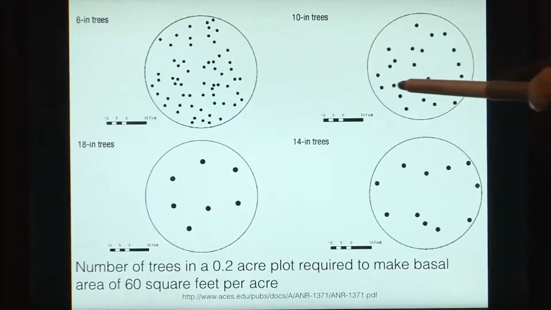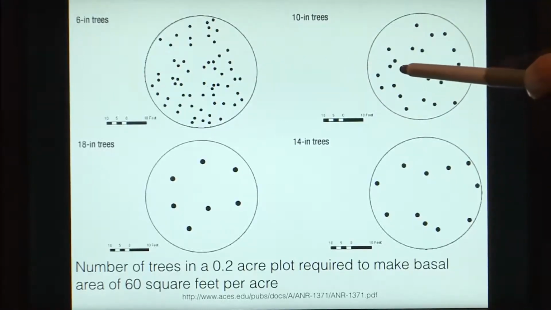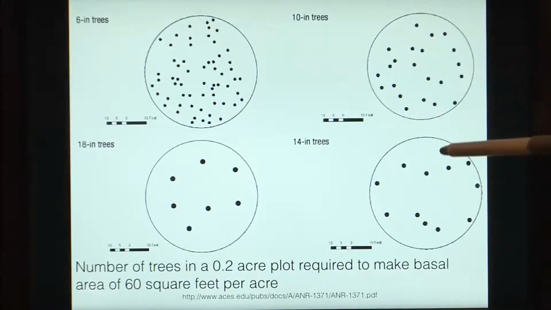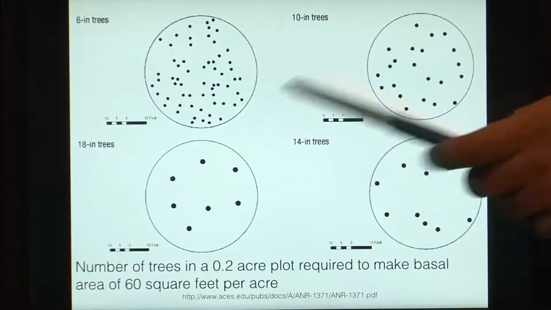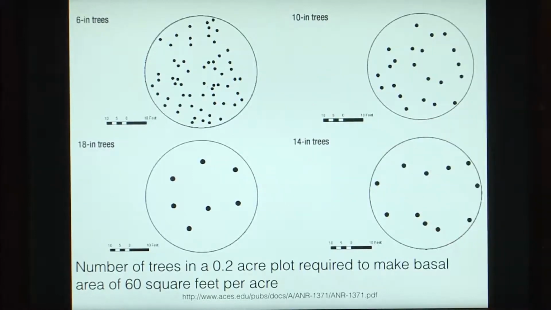If we increase the diameter of the trees, the number of trees would decrease, and it would further decrease with 14 inches and even further in the case of 18 inches. So, in all these cases the basal area density is the same, but the number density is different.